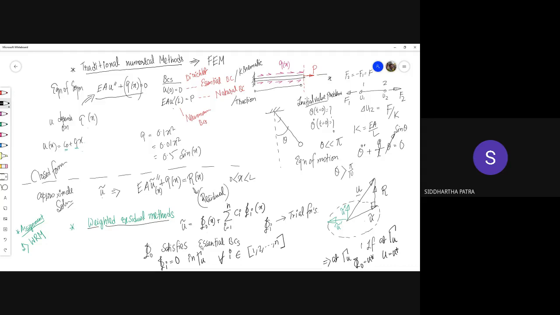Once you are done solving for u tilde, which is an approximate solution, it will also satisfy the essential boundary condition. Let's say at x equals 0, u is not 0 but let's say 1 millimeter. Or let's say at x equals 0, u is 0, but at x equals L, u is 10 millimeter.